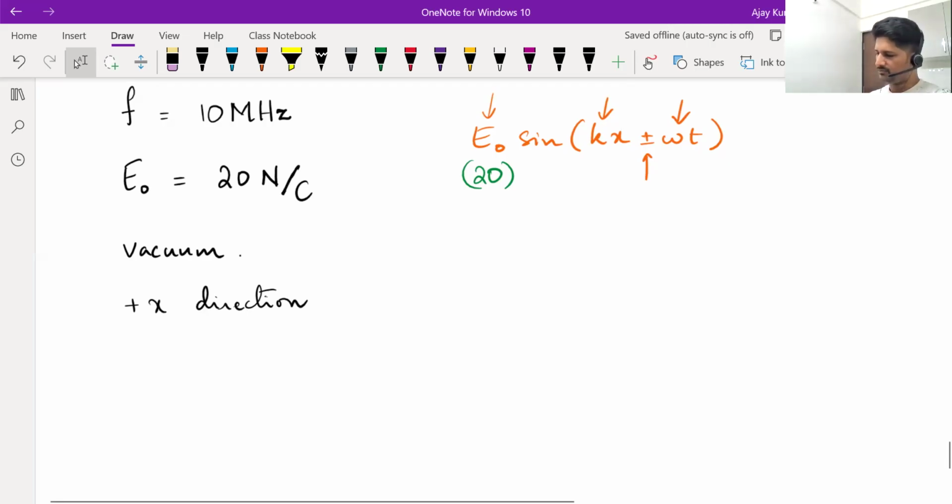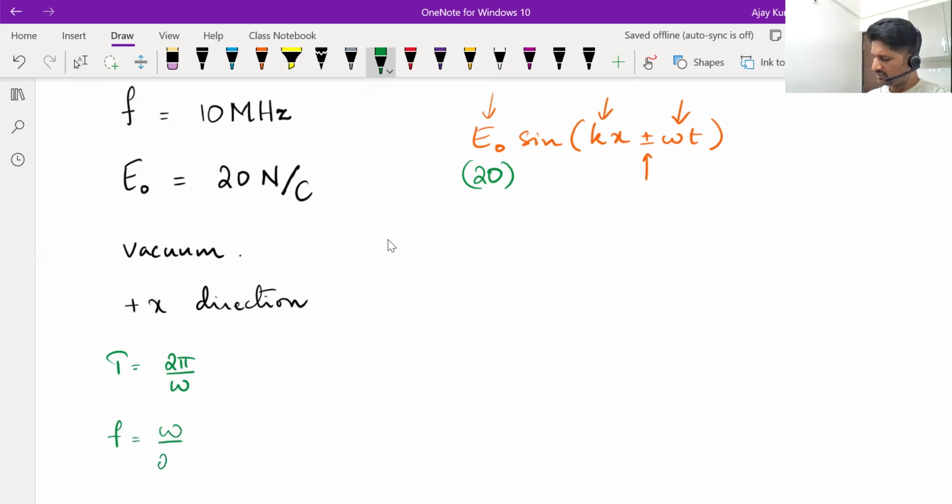Correct. T is 2 pi by omega, and F will be omega by 2 pi. Frequency is inverse of that, omega by 2 pi. So omega you can say is 2 pi f. So omega becomes 2 pi into 10 megahertz. Mega is 10 power 6, 10 into that is 10 power 7. Okay, that's omega.